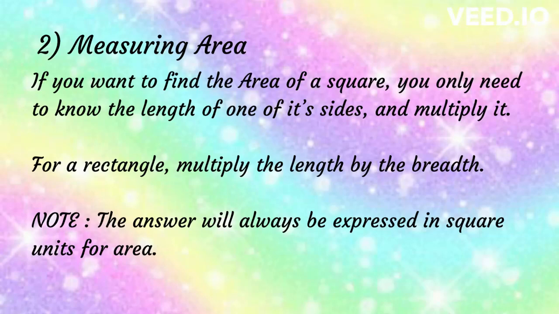The side of the first square is 1 cm and the side of the second square is 2 cm. 1 multiplied by 1 is equal to 1 square cm, which is the area of the first square. 2 into 2 is the area of the second square, which is 4 square cm. This means that greater perimeter means greater area in squares.